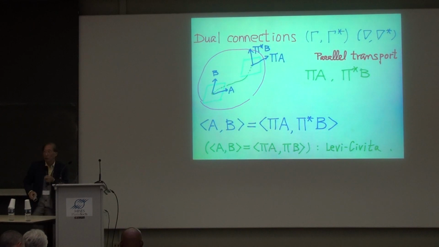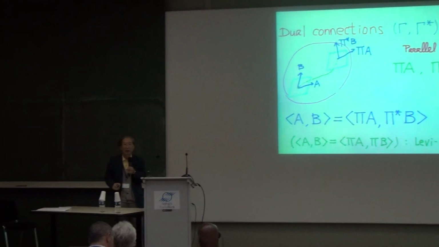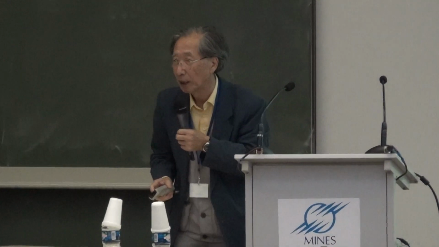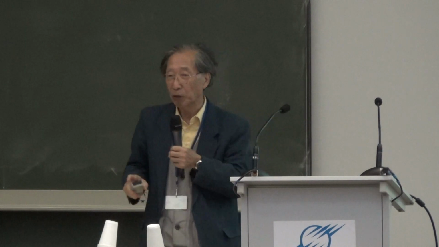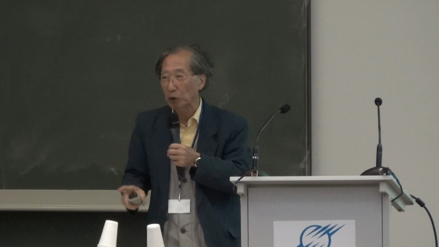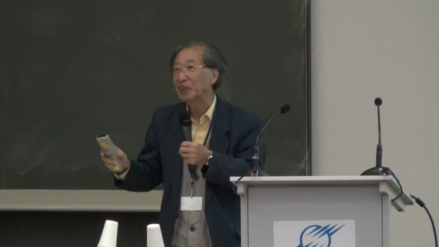Okay? So you may think about the Riemannian connection, the Levi-Civita connection. In that case, we have only one Levi-Civita connection, and the inner product is kept by parallel transport. Under the condition that there is no torsion, we can easily prove it, and it's a good exercise for graduate students.